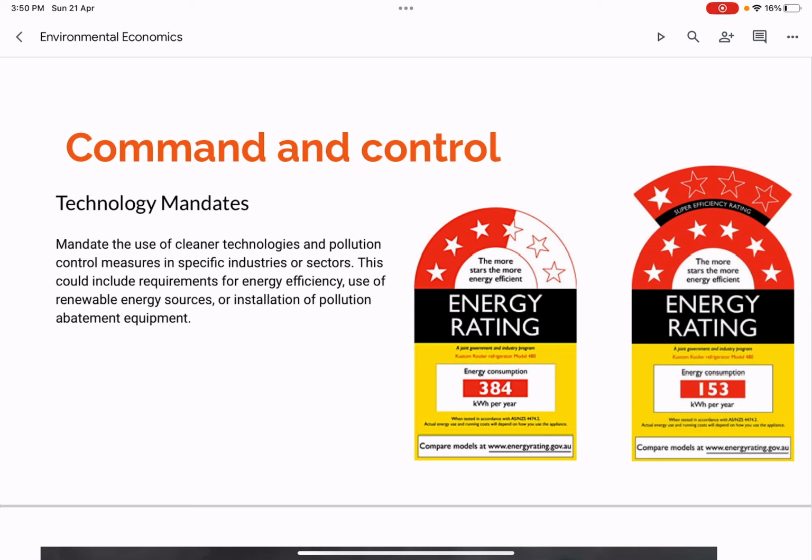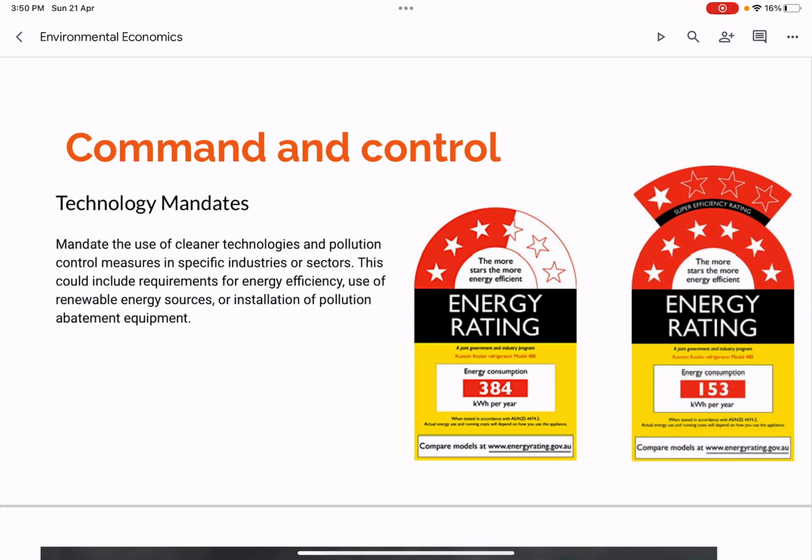For example, here I have shown 4-star energy rating equipment or 5-star energy rating equipment, and this energy consuming equipment has to have these star ratings and has to specify how much energy it is consuming per year. Okay, so these are known as technology mandates.